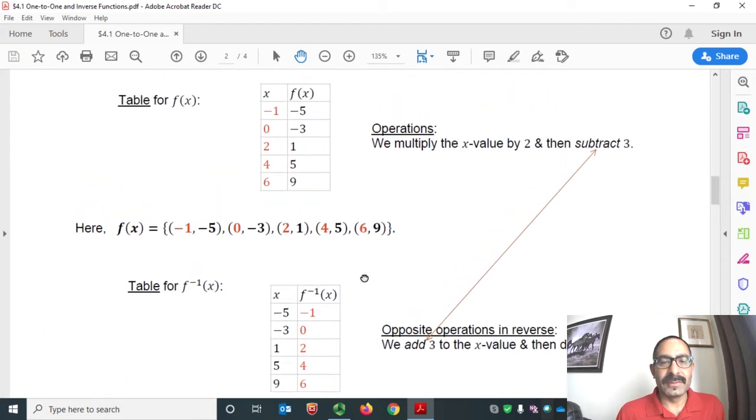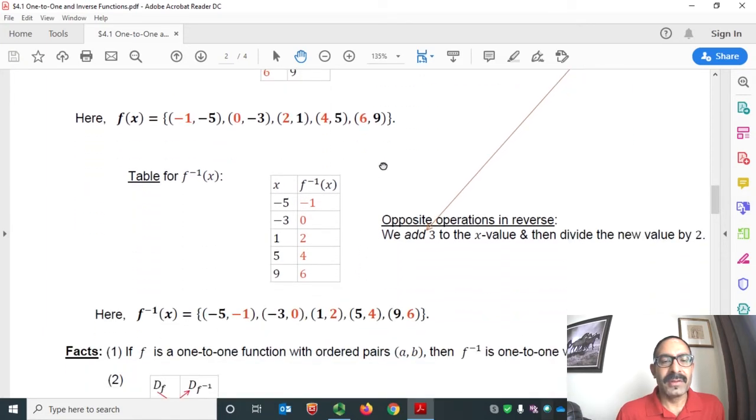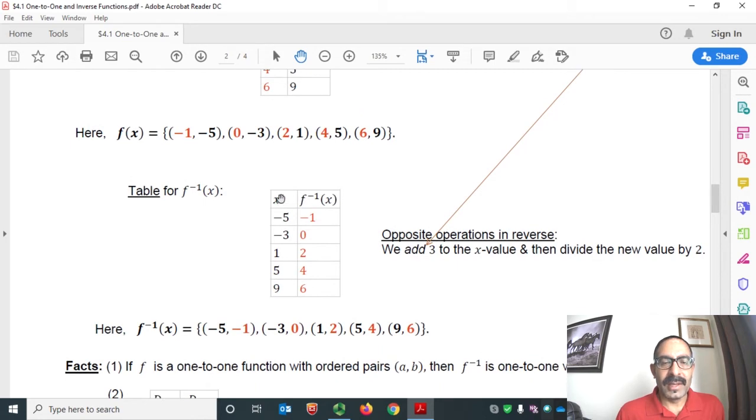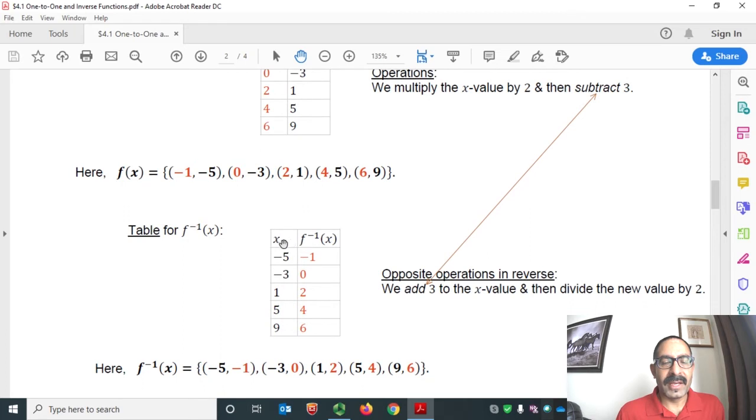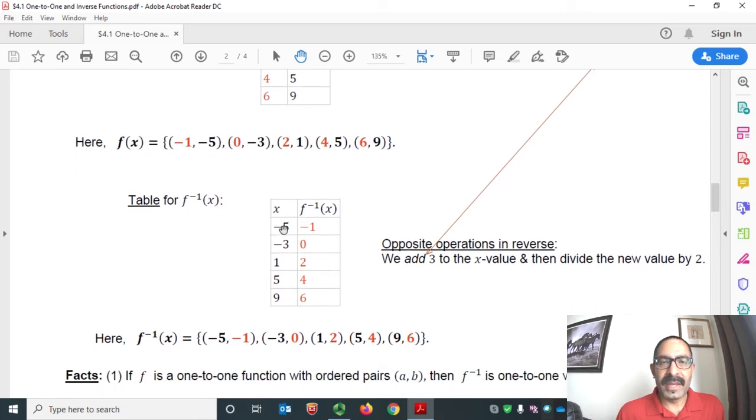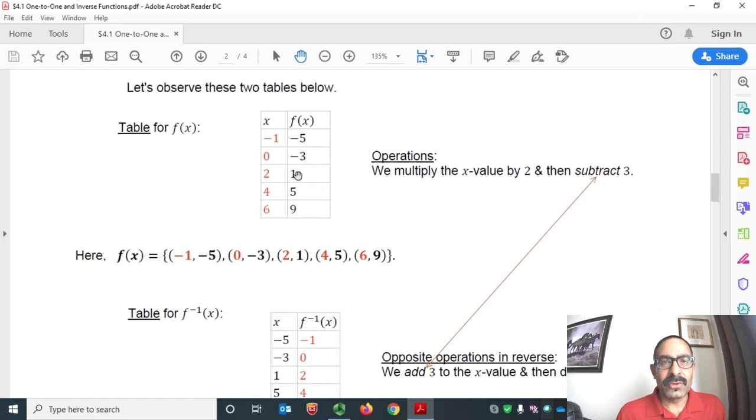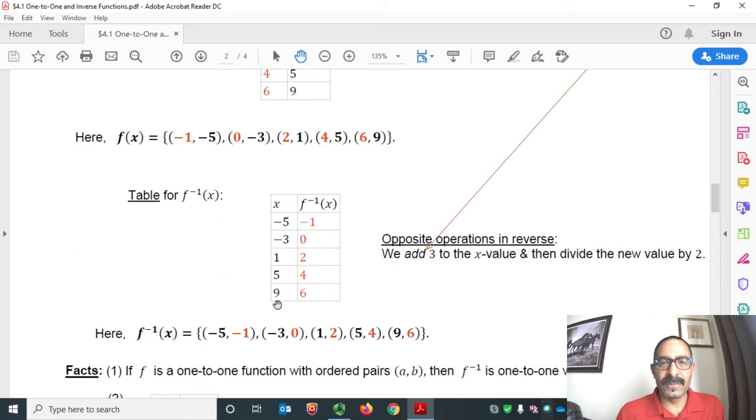Here, in the f inverse table, we pick x equals negative 5. I'm picking negative 5, negative 3, positive 1, positive 5, positive 9. These are the values.